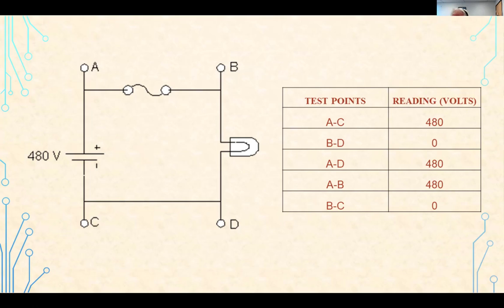I'd say, you got 50. AD tells you that it's bad, right? Yeah, I think it's bad because B to C has 0 volt. I think it's good because if you go to A to C, you get 480. No, so A to B is just across the fuse.